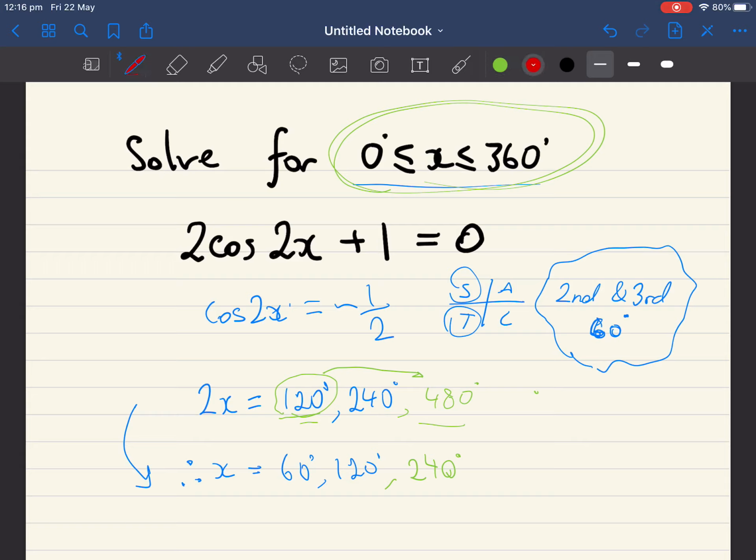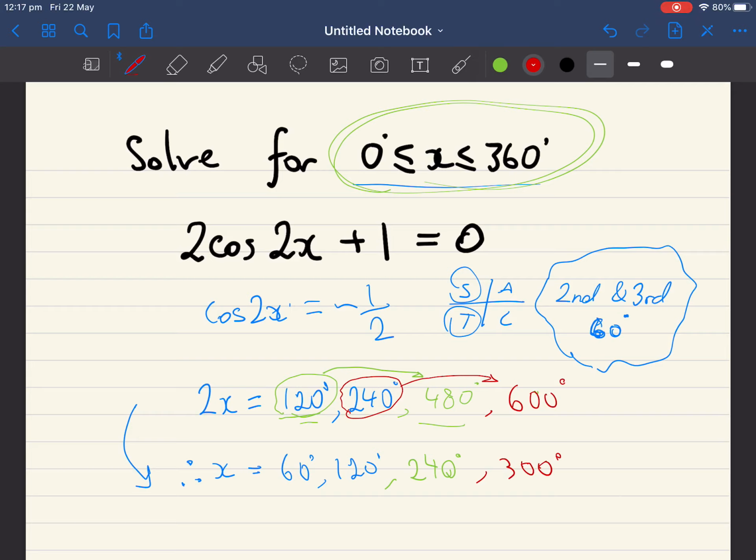And if we look at the second solution we had, which was 240 degrees, well, that is exactly the same as 240 plus 360. That's the same as 600 degrees. And so when you complete your final step of halving, you halve the 600, you end up getting 300, which also fits inside your domain.